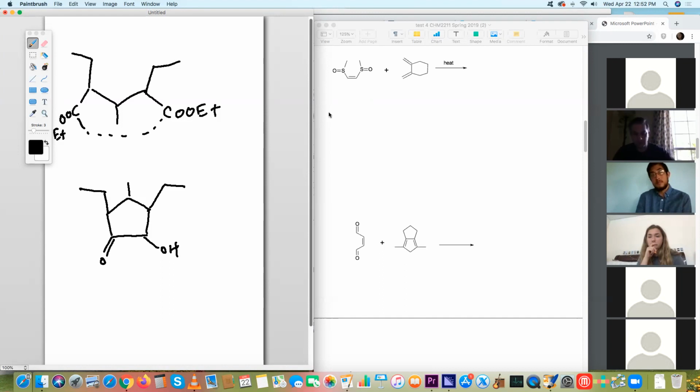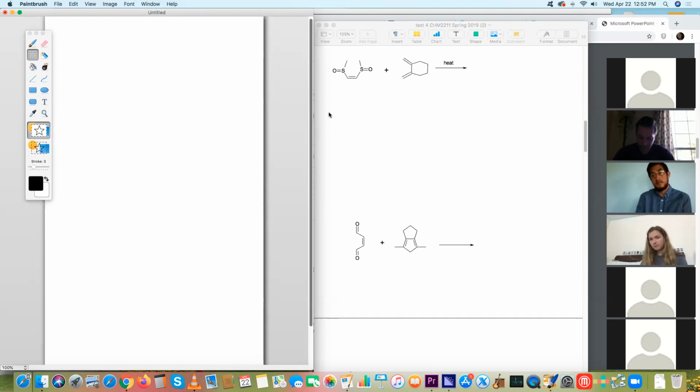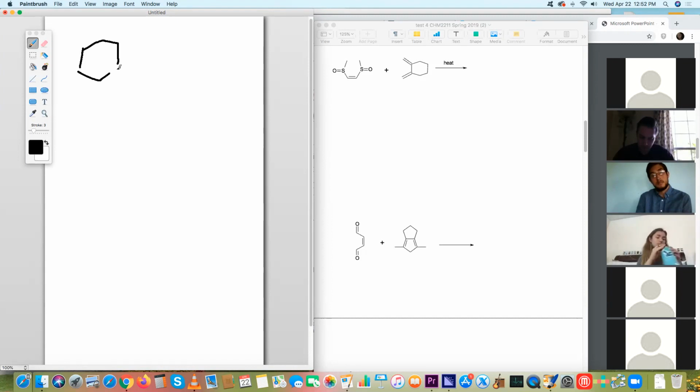I would recommend setting these up a certain way. I talked about it as being what I called a Pac-Man style, which means we've got the diene, which has these two double bonds on it here, joining with the dienophile.